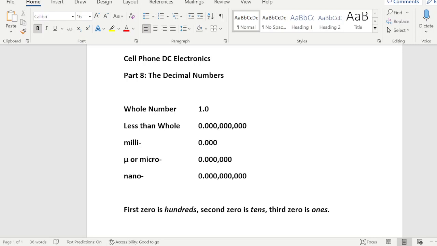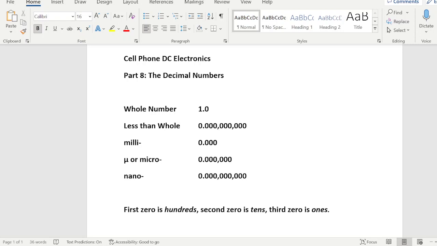So a resistor oftentimes is higher in value, and so you wouldn't see too much of a resistor on the right side of the decimal, on the lower side of the decimal, a fraction of an ohm, but you may see some milliohms sometimes, especially in small electronics.